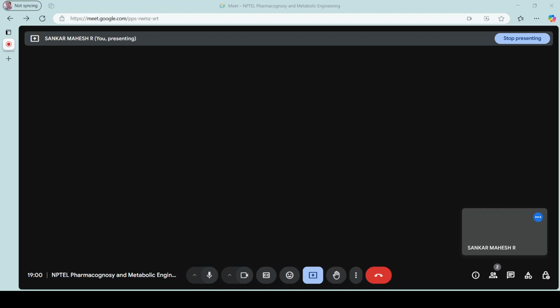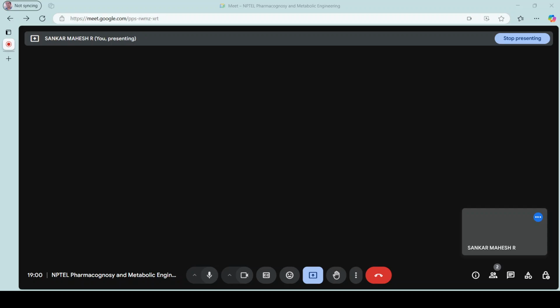What you see here is the plant Lithospermum erythrorhizon. Here, the flower is white in color, but the root is dark red to dark purple because of the accumulation of this shikonin and its derivatives.